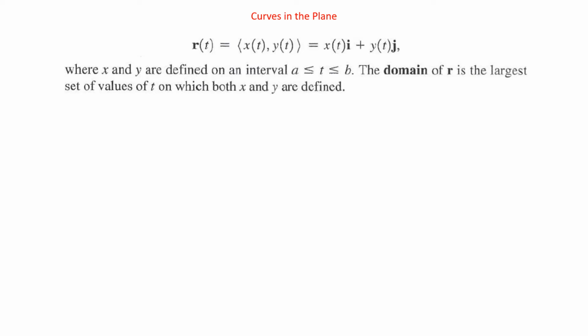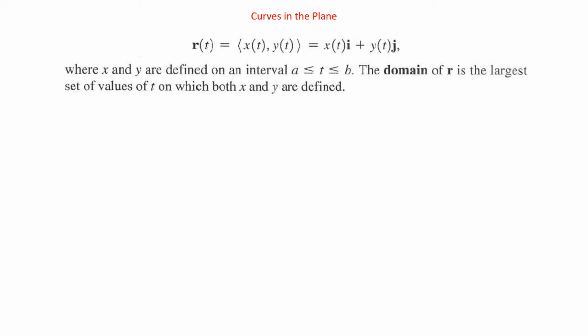So if it doesn't work for x at a certain point, let's say we have x is 1 over t, t can't equal 0. And if y is the natural log of t, t has to be greater than 0. So it has to work for both.